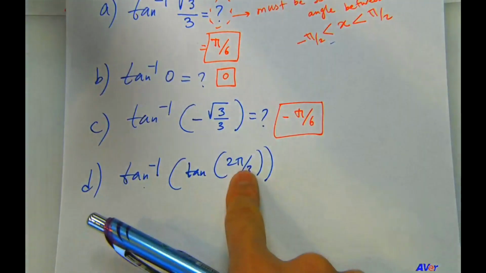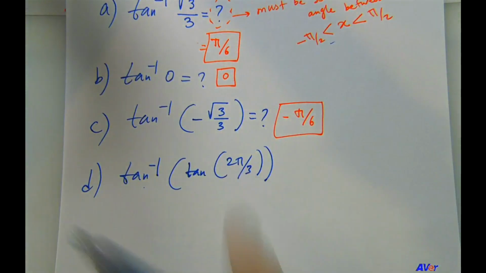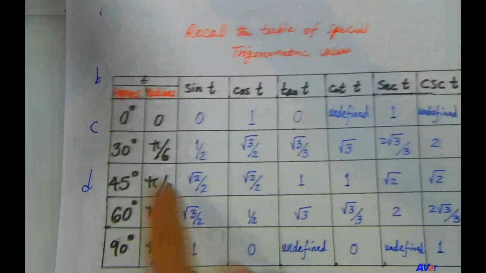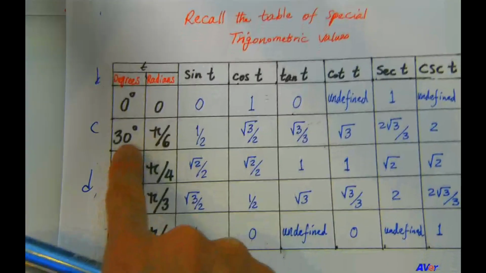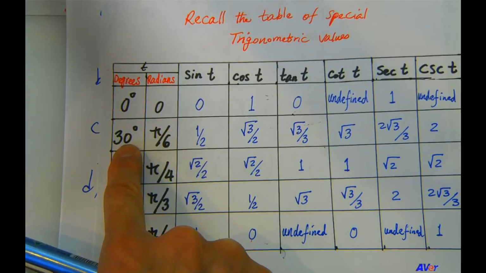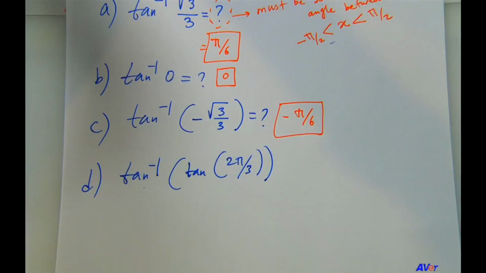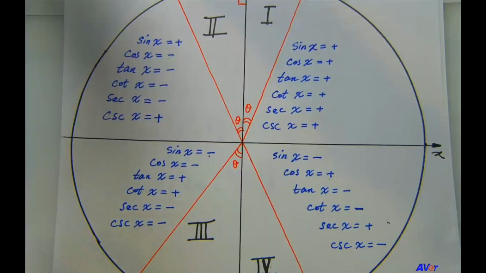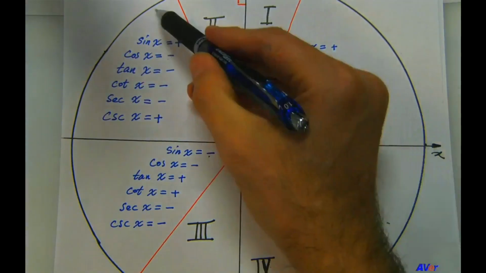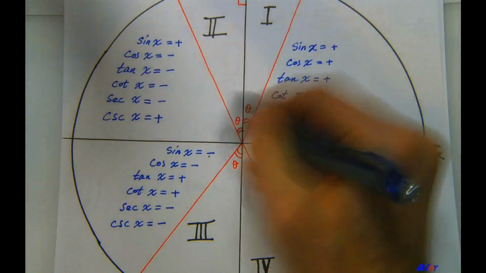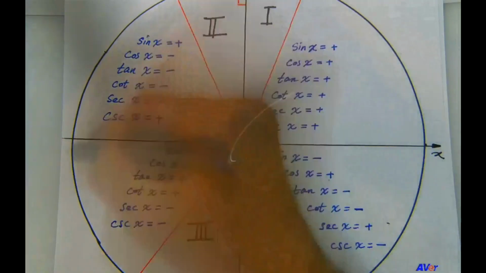So this here is equal to tangent of 30 degrees, right? But, no, sorry. Okay, so let me bring this back again. So we're at 120 degrees here, which means the reference angle would be 60 degrees, right?